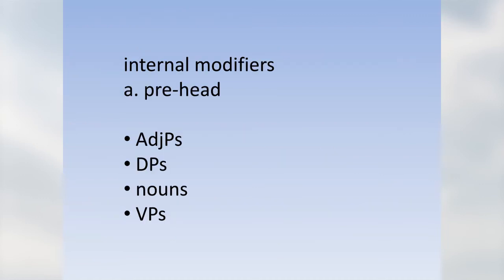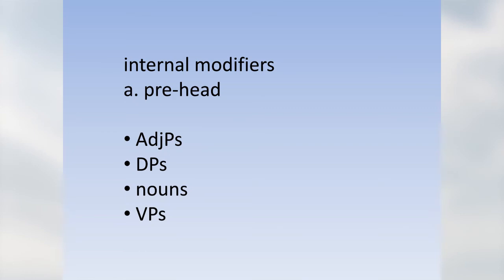How about modifiers? Okay, now let's split up modifiers into the internal ones and the external ones. The internal ones are mainly what we're going to look at. The external ones we'll do very little with, so don't worry. The internal ones are a little more worrisome. We can further split them up just for convenience, okay?